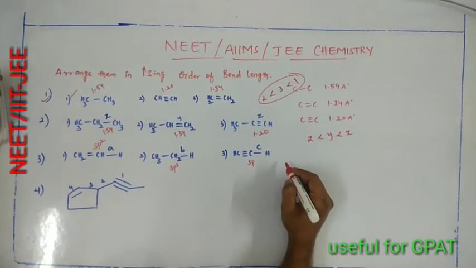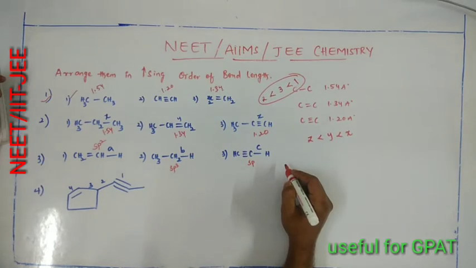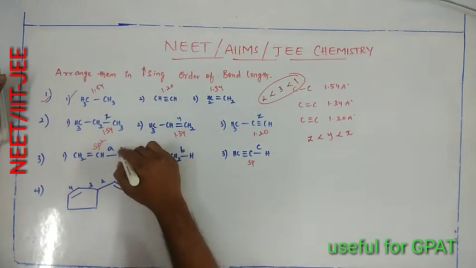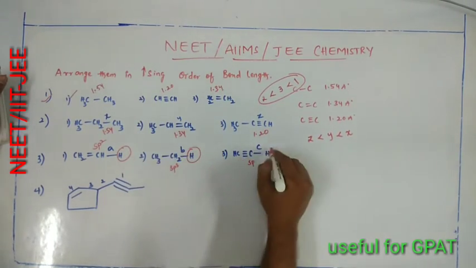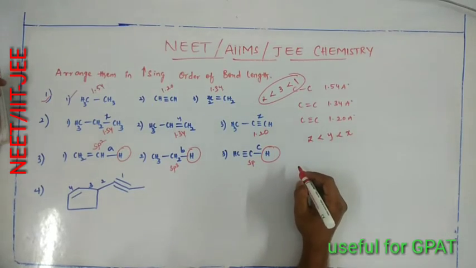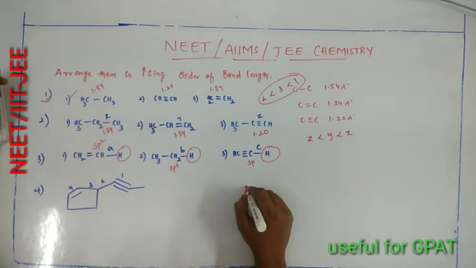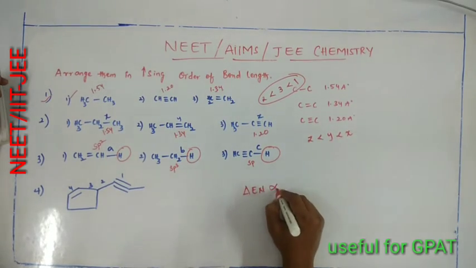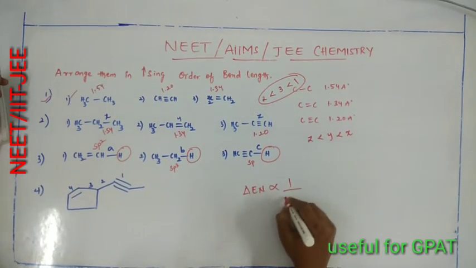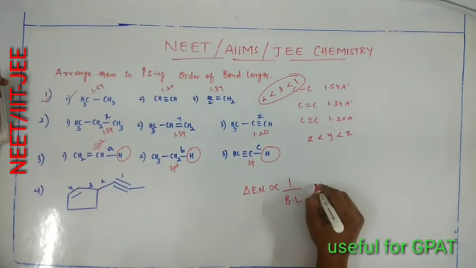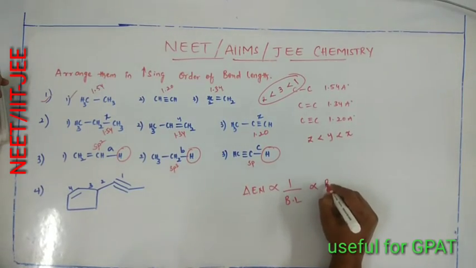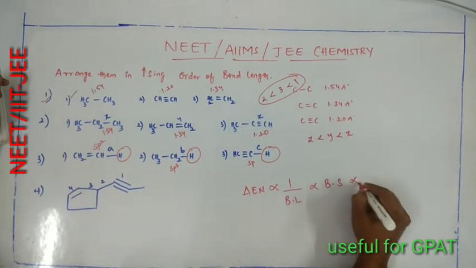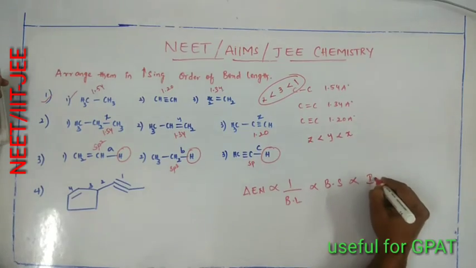Each carbon has a different electronegativity when compared with that of the hydrogen atom. To easily remember, the difference in electronegativity is inversely proportional to the bond length and directly proportional to the bond strength, as well as ionic character.